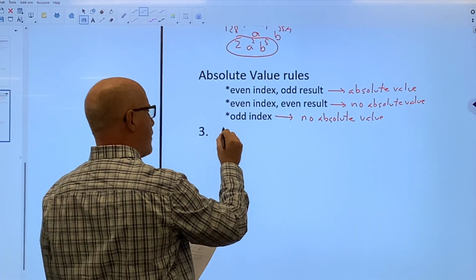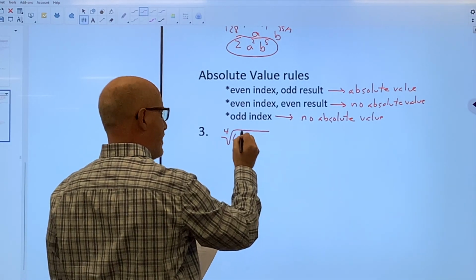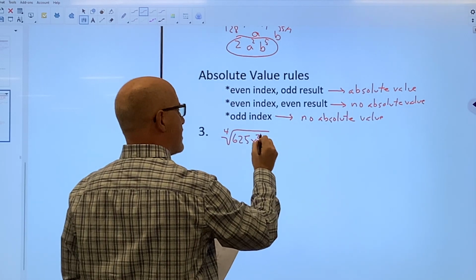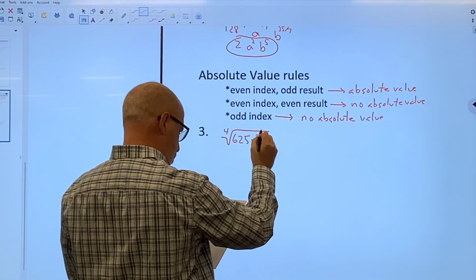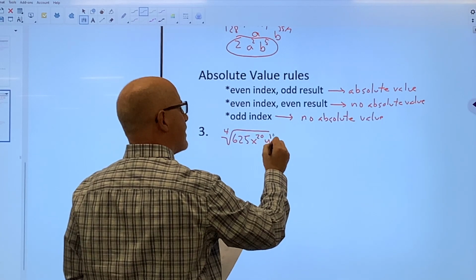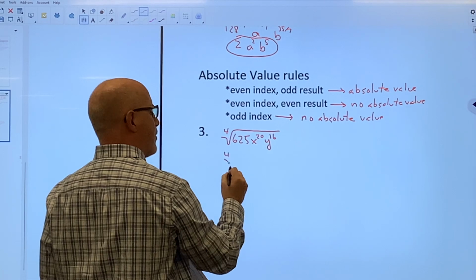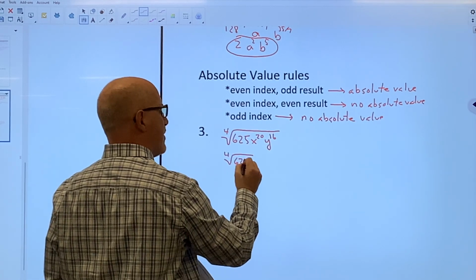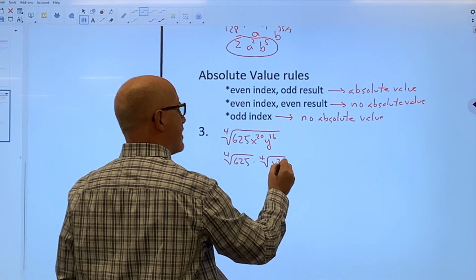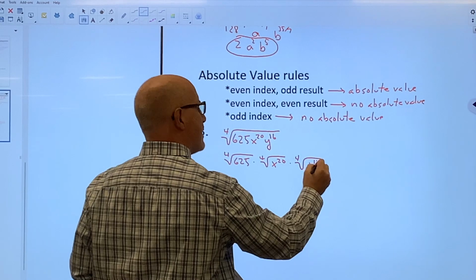Let's do the 4th root of 625 x to the 20th y to the 16th. All right, now the number we don't have to worry about. You take and split it up, the 4th root of 625 times the 4th root of x to the 20th times the 4th root of y to the 16th.